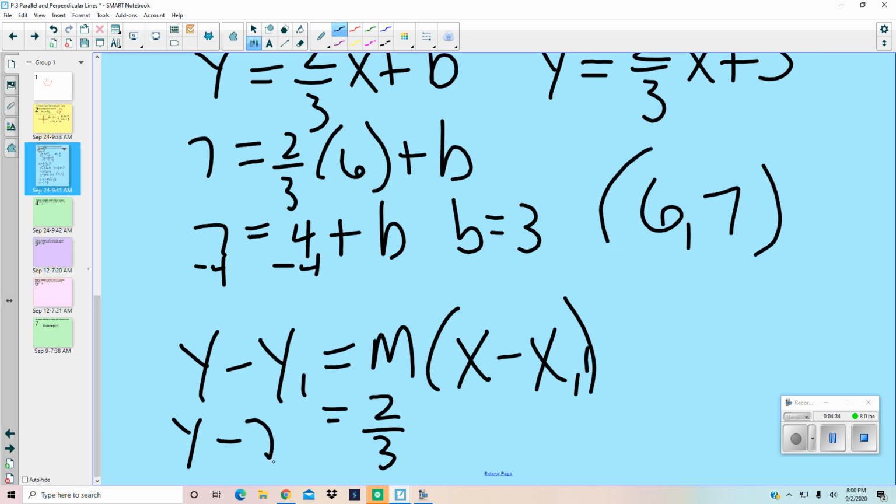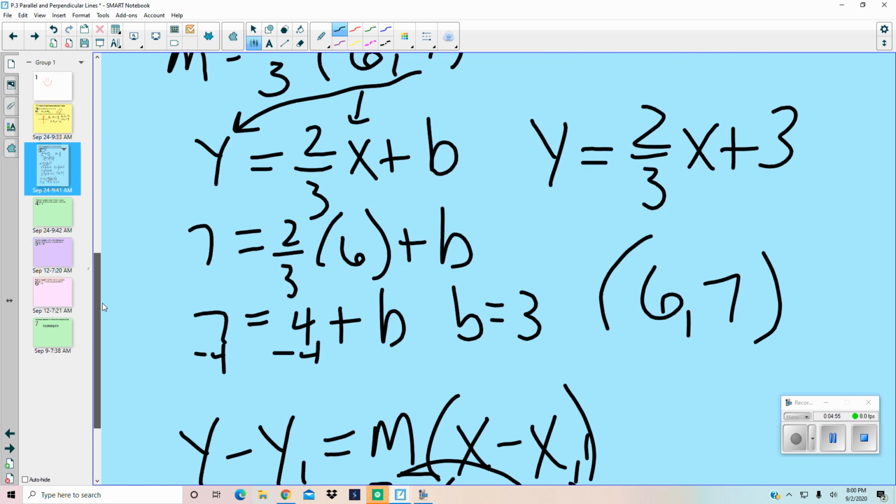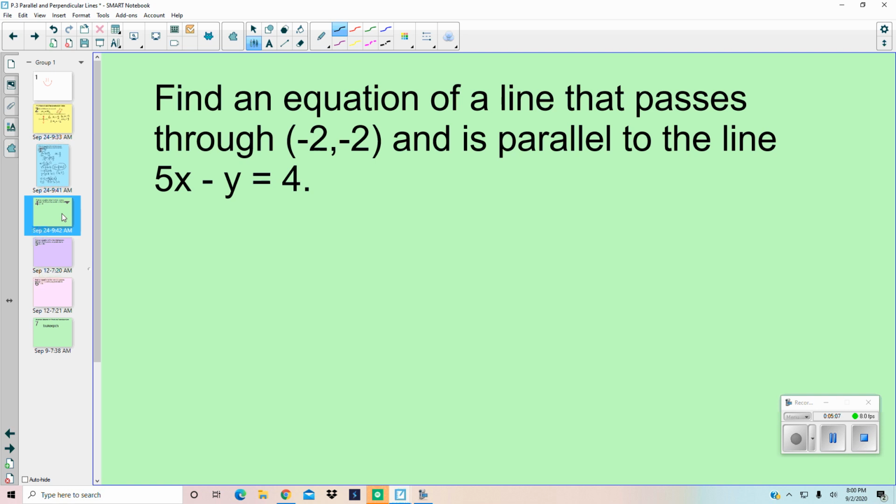So y minus 7 equals 2/3 times x minus 6. That's also an equation of a line. It's not in slope-intercept form, but all you would have to do to get it into slope-intercept form is distribute the 2/3 and then add 7. By doing that, you would have y equals 2/3 x plus 3, like we got the first time. Your answer in Delta Math is going to need to be in slope-intercept form, but you can use either method.